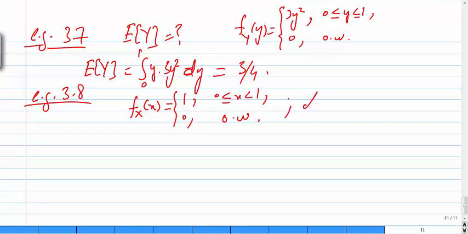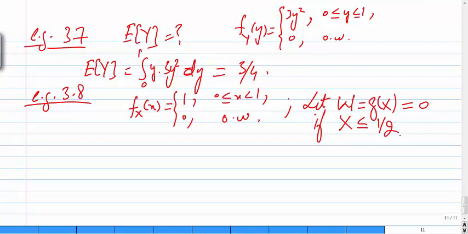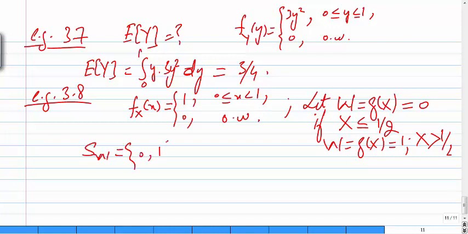He says let W equal g of X, which is equal to 0 if X is less than 1 by 2, and W equals g of X is 1 when X is greater than 1 by 2. The question is, is W a discrete uniform random variable with range S_W equal to 0 and 1?